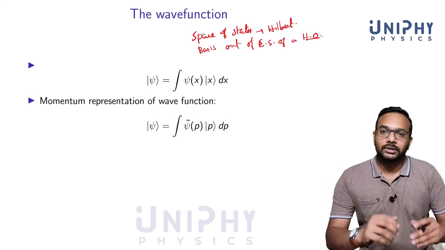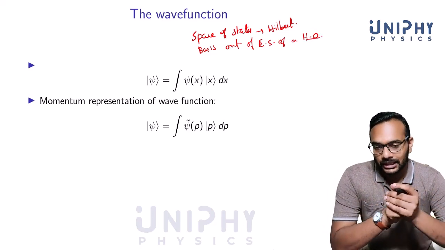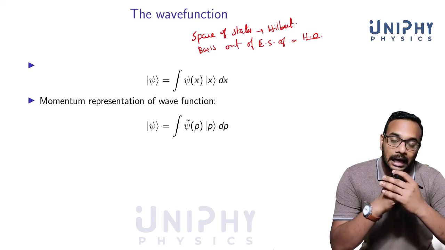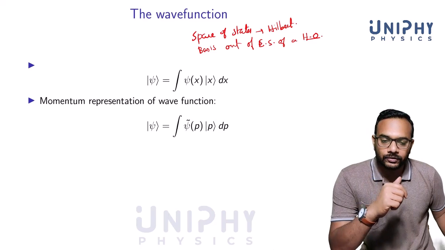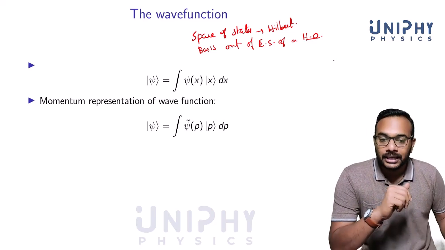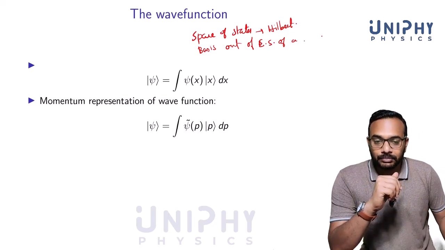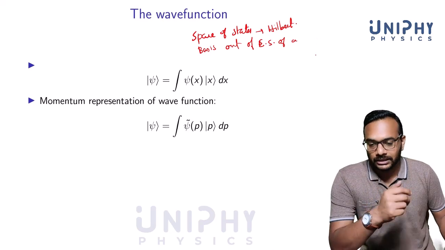So for the basis of your Hilbert space, you can choose the eigenvectors of the momentum operator, the position operator, or the Hamiltonian operator, anything. And these are different representations of the same vector.